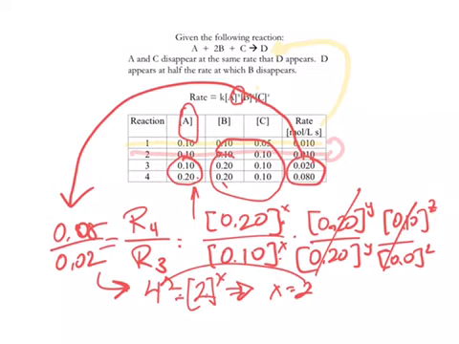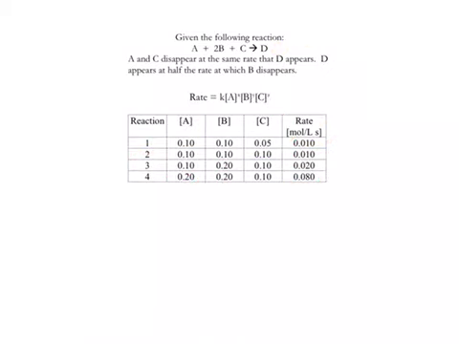So here's what we know right now, that this reaction is second order with respect to A. So we know x is going to have a value of 2. And the only way we can do this is by changing these concentrations. Okay, so now that we know that we have x equal to 2, we have that value.